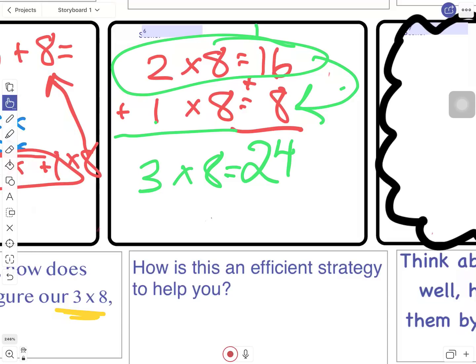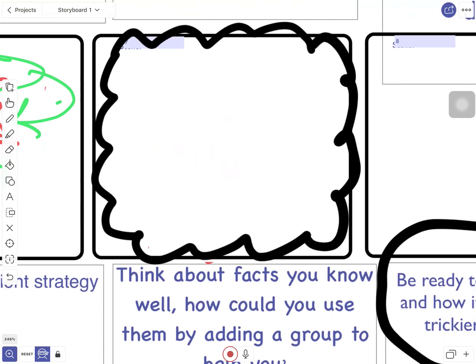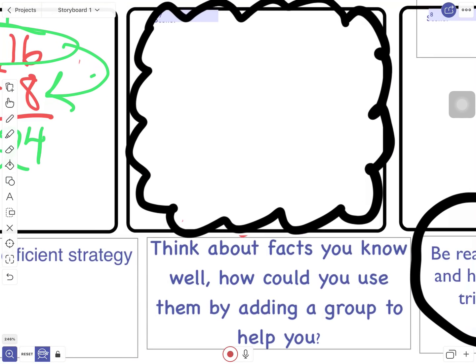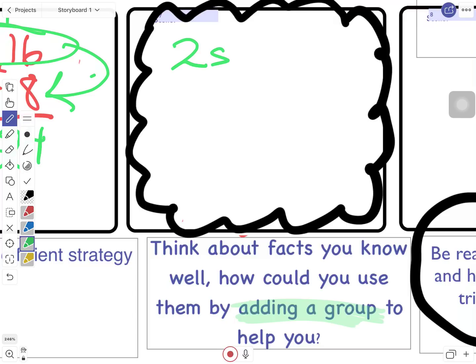So if I want to figure out how to solve a fact that I might not know as well, how can I use adding a group to help me? Well, you can use adding a group. Think about the facts that you know pretty well. I know my 2s. I know my 5s.